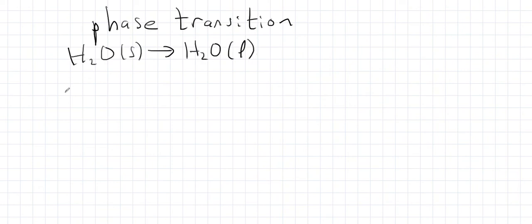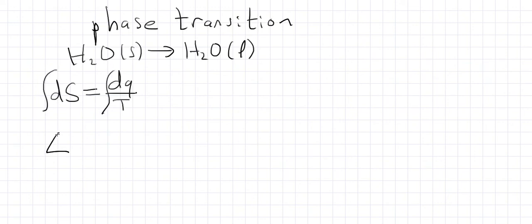Okay, so how do we calculate delta S? Well, we say, all right, we're going to go from solid to liquid and integrate. Left-hand integral, delta S. What about the right-hand integral? Well, when we go through a phase change, we know that the temperature doesn't change. If we melt ice, we have to stay at 0 degrees C until all the ice is melted. So the temperature is a constant.